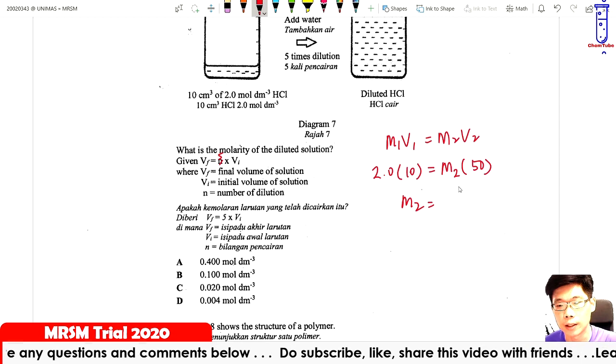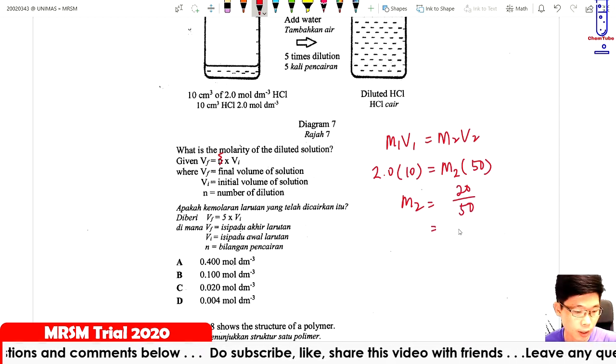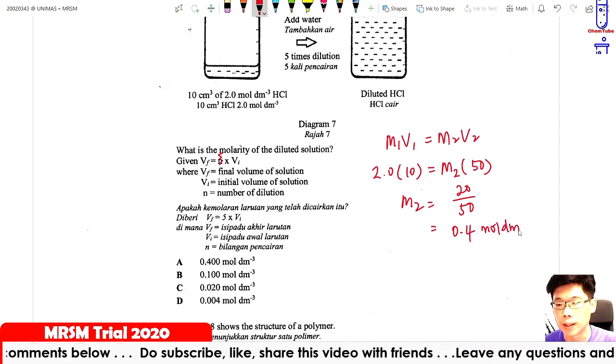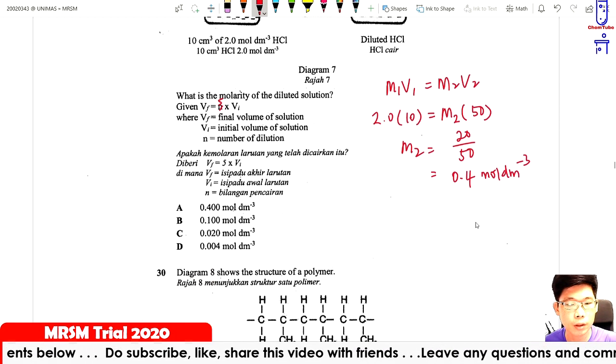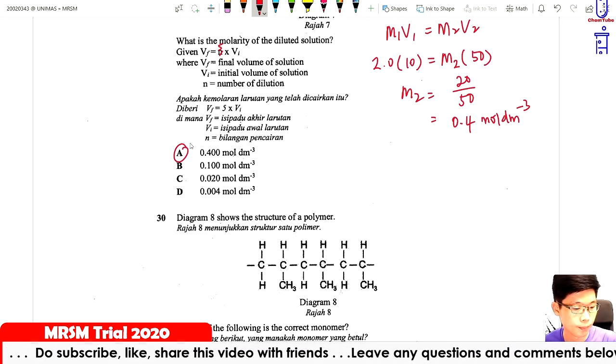Use your calculator: M2 is 20 over 50, so we get 0.4 mole per cubic decimeter. So A is the answer.